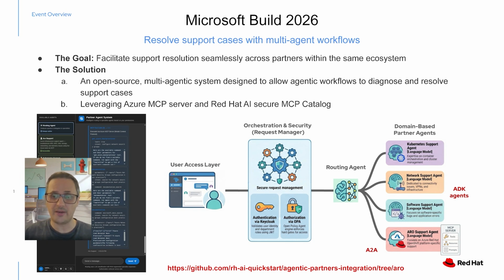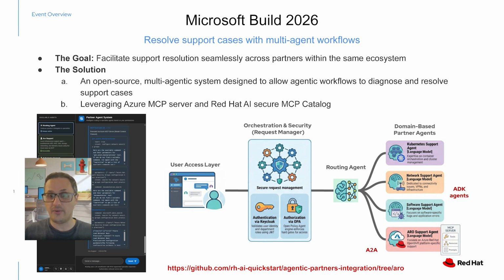We have different layers. The first one is the user access layer, which is a Patternfly web application that allows us to interact with a chat interface with the different routing and support agents. The next part is the orchestration and security layer, which will be handling all the authentication, authorization, and audit.